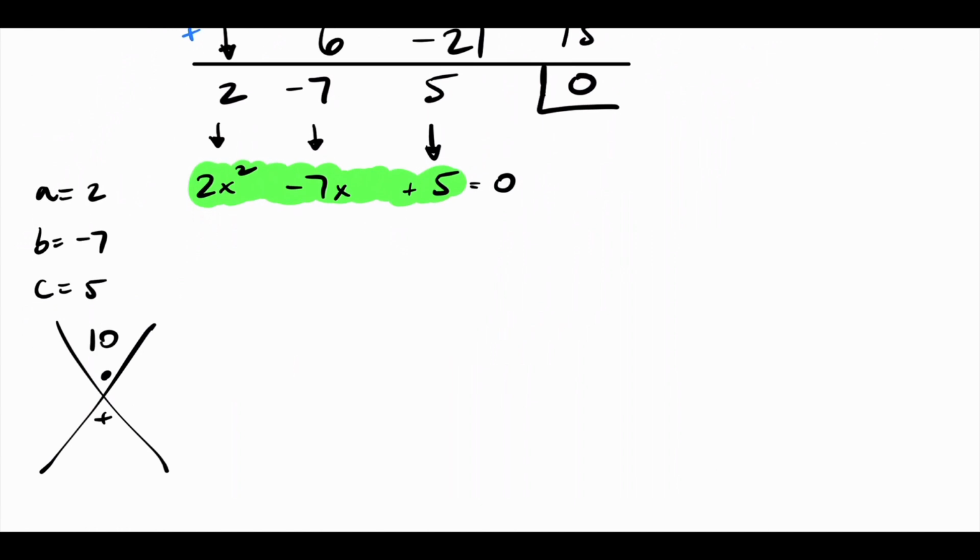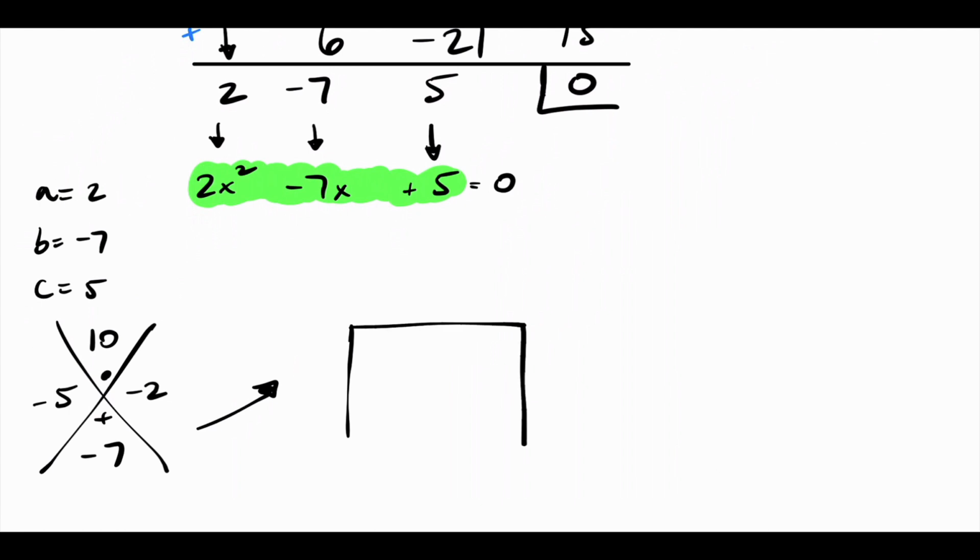So 5 times 2 is 10. B is negative 7. What are the 2 numbers that multiply to be 10, add up to be negative 7? Negative 5, negative 2. Perfect.